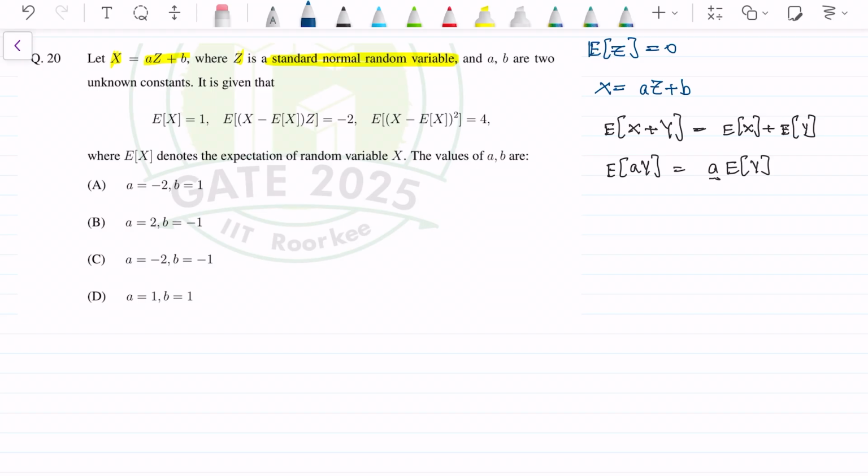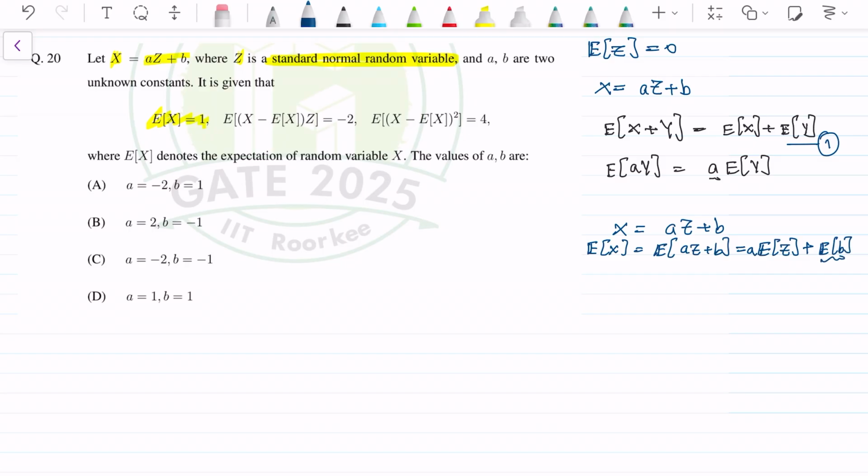So now let's first look at this expression which says that expectation of x is equal to 1, and let's see what we get from here. So now x is given as a times z + b, right? So expectation of x can be rewritten as expectation of az + b. ठीक है, now using the property 1 which is here, we can rewrite this expression as expectation of z into a plus expectation of b.